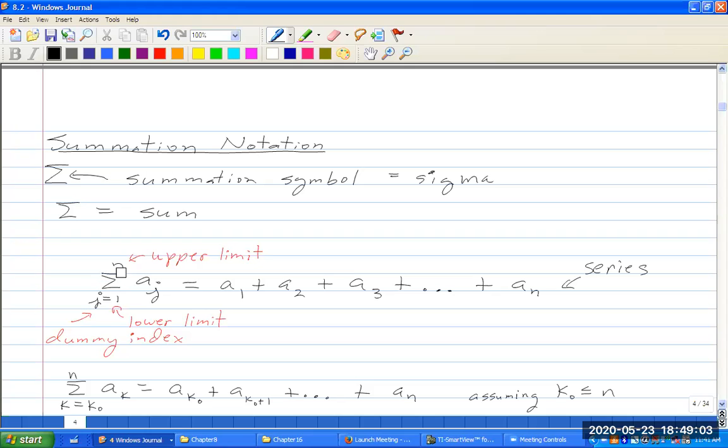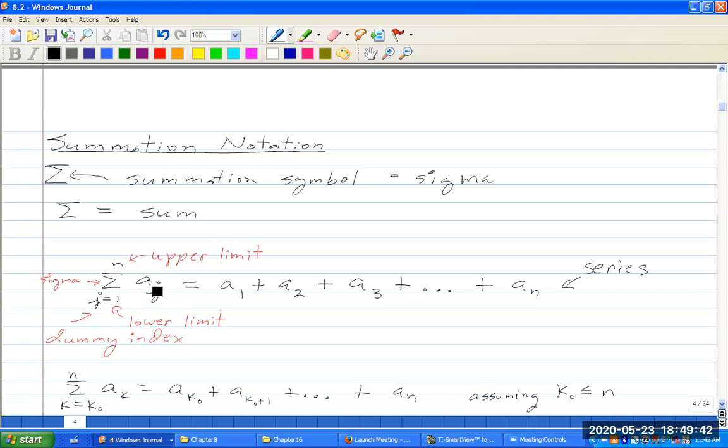So this is the summation symbol, sigma, j, what we call the dummy index, equaling 1, the lower limit, to n, the upper limit, of a sub j. So this symbol here means that I add each of these a sub j's for j equaling 1 up to n.